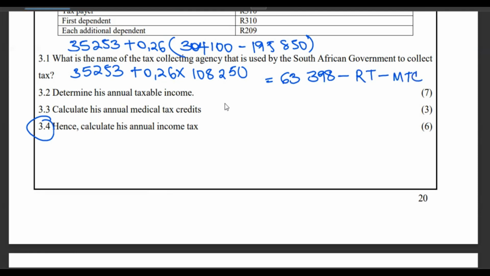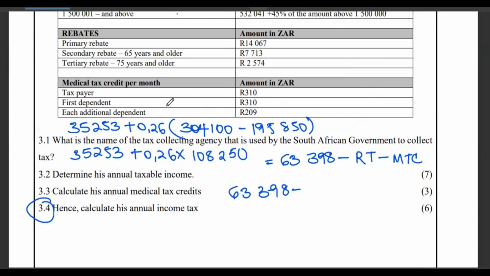So this is when we take off the tax rebates, and we also subtract the medical tax credit, to get the annual income tax. 63,398 minus, remember the person was 52 years of age, so he only qualifies for one rebate.